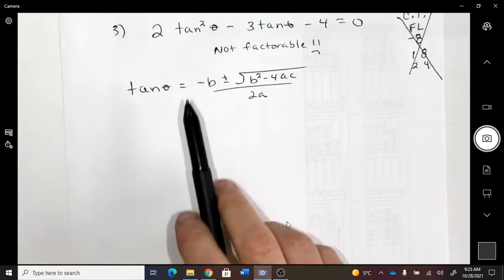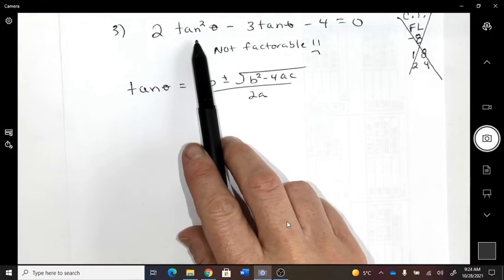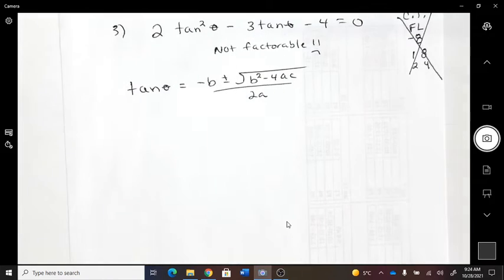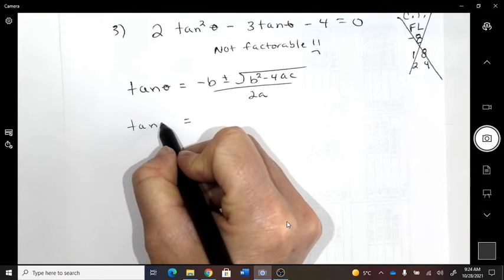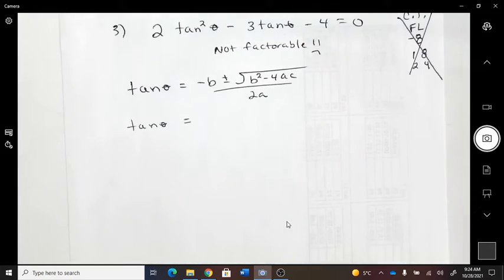Right? Instead of x squared, I have tan theta squared. Instead of x, I have tan theta. Okay, are we ready to try it?